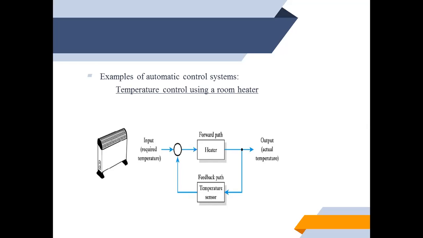So this is how a closed loop control system works. As I told you, there are numerous examples, similarly your air conditioning unit in your house, which also works on the same principle of temperature control, the missile launcher system, and the DC motor speed control. In all these cases, we have a closed loop control system.